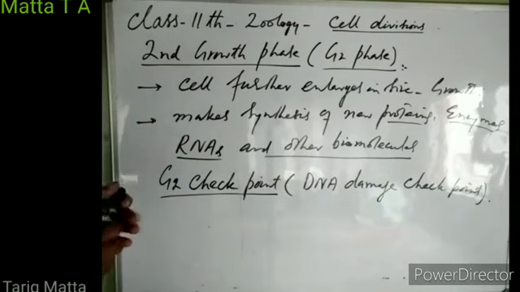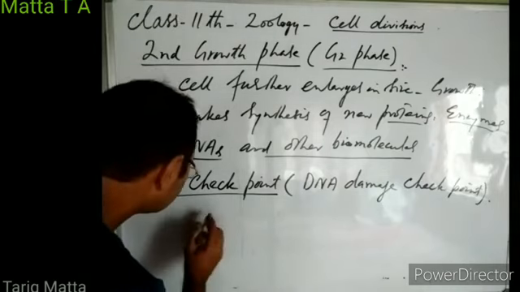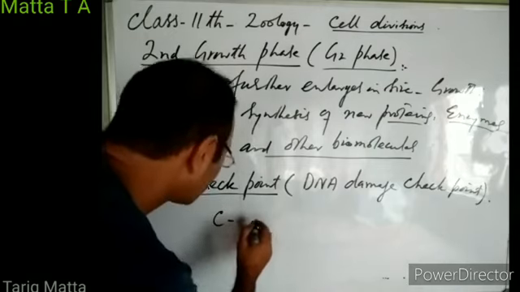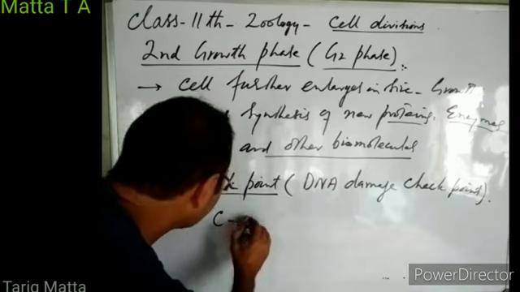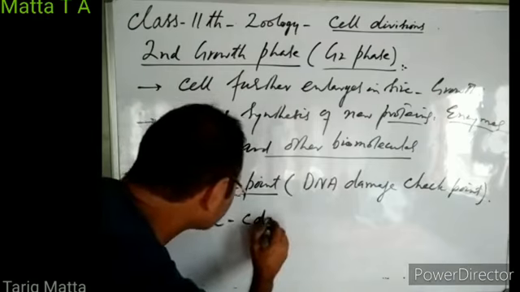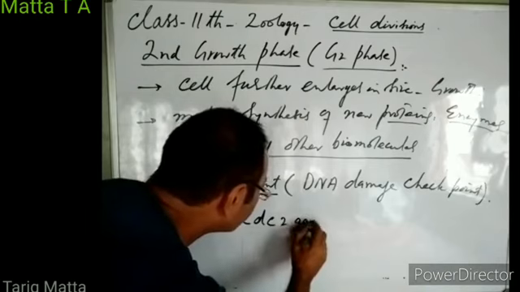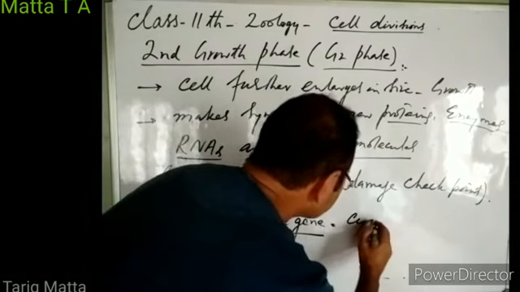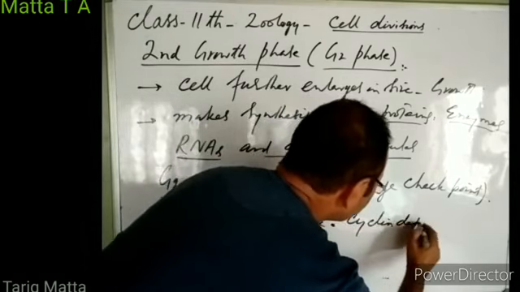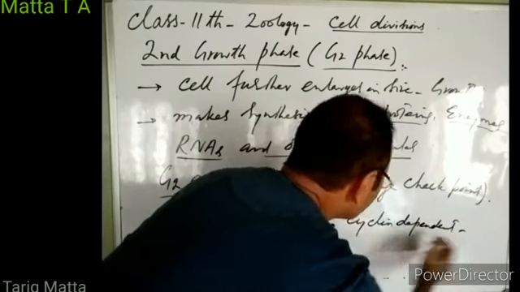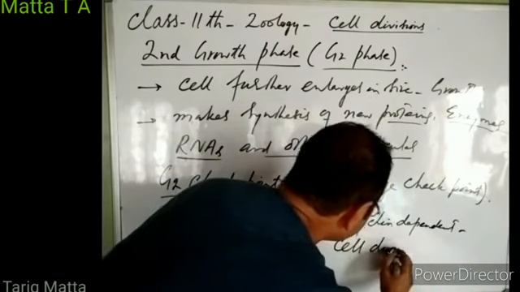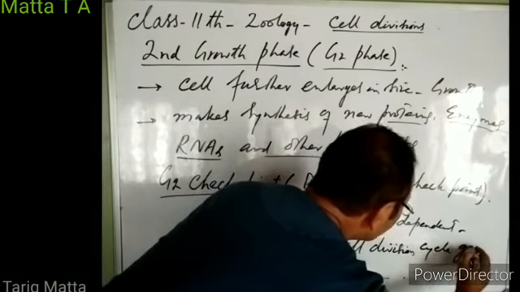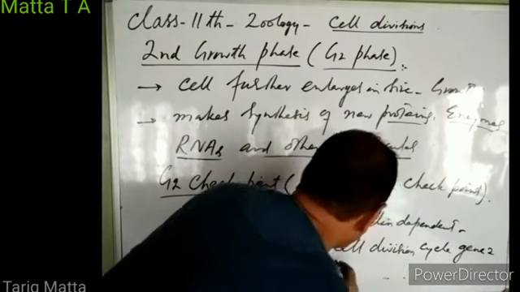So a series of enzymes is activated. Cyclin dependent cell division cycle gene 2 is activated.